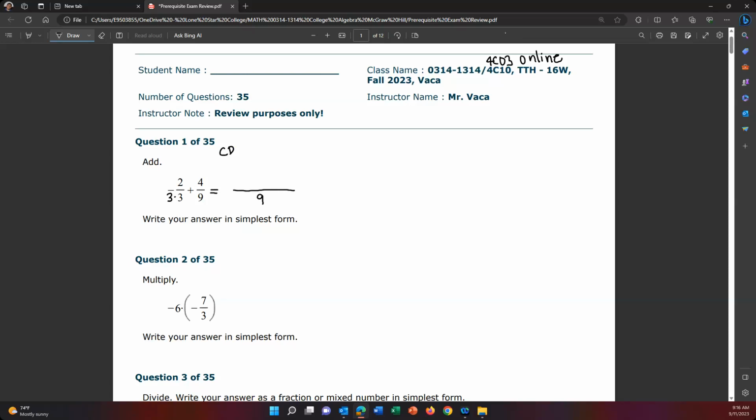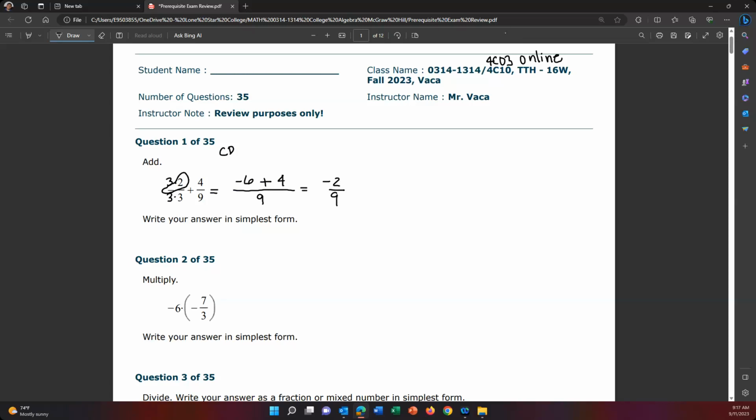But if we do that here, we must also do the same thing in the numerator. So now that we have a common denominator, we can perform our addition, which in this case will be 3 times -2, which is -6, plus 4. Here we get -2 over 9, and we cannot simplify this fraction.